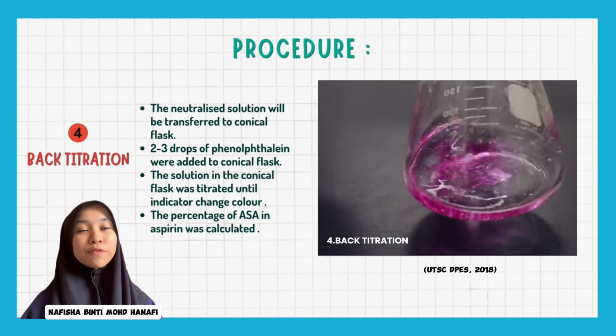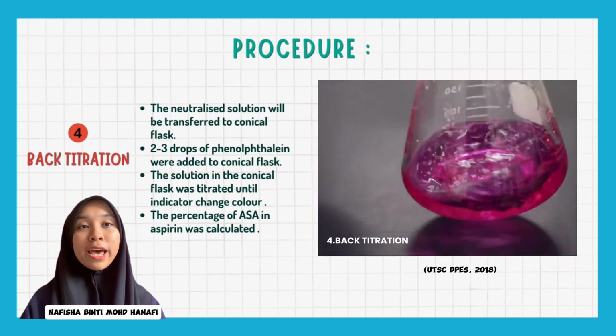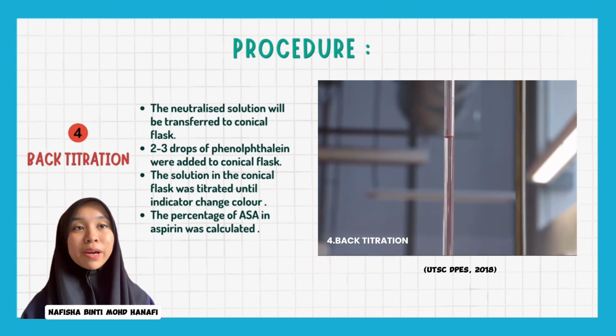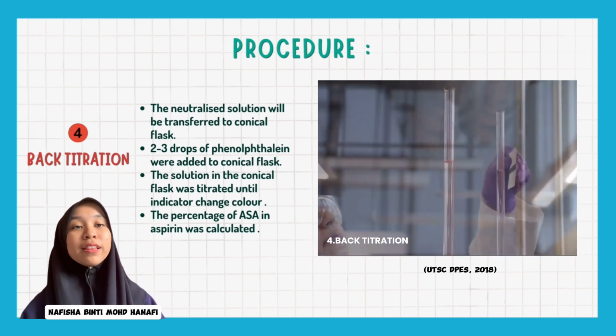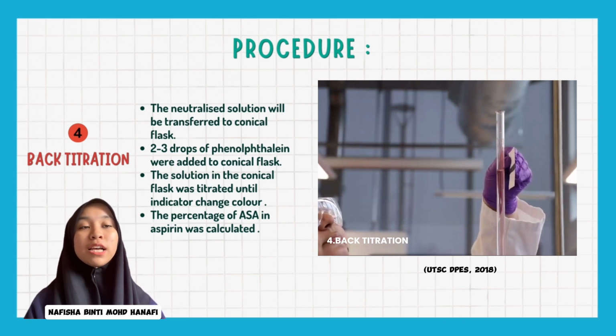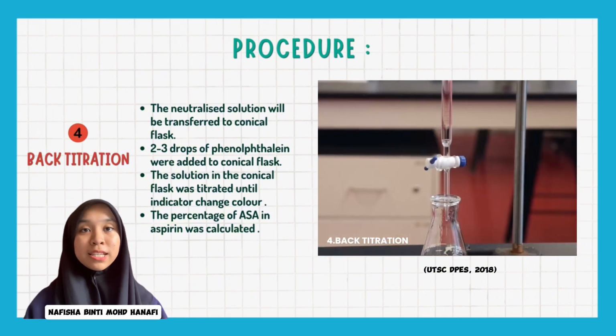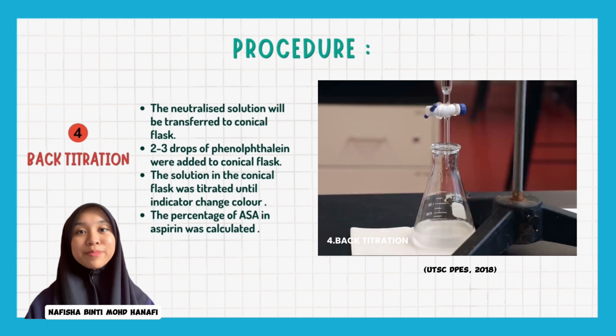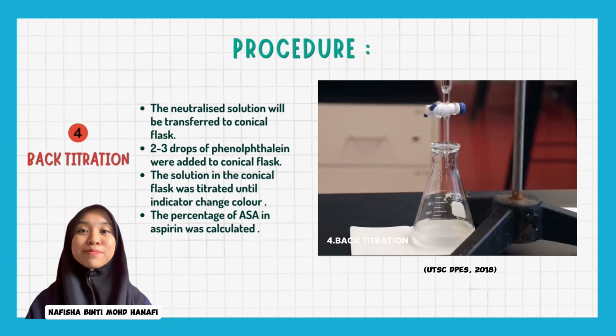A burette was filled with NaOH solution as a titrant. The solution in the conical flask was titrated by adding the titrant from the burette until the indicator changed color, which is the endpoint of the neutralization reaction. Lastly, the percentage of acetylsalicylic acid in aspirin was calculated. That's all for me. Thank you.